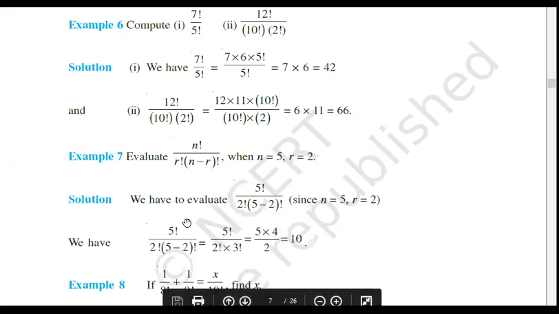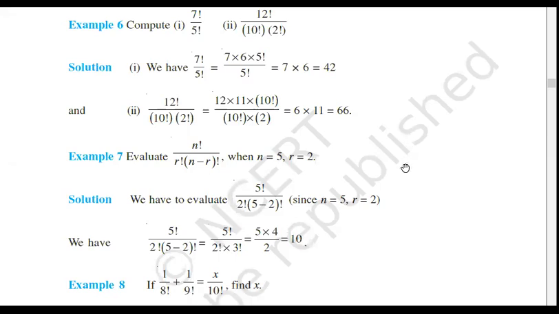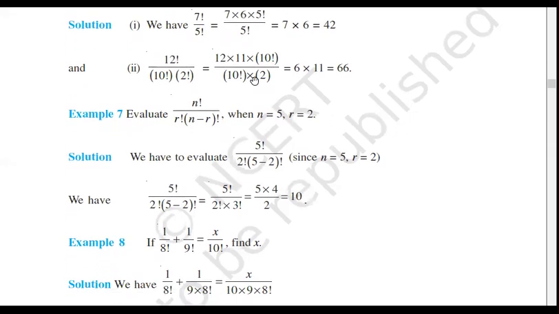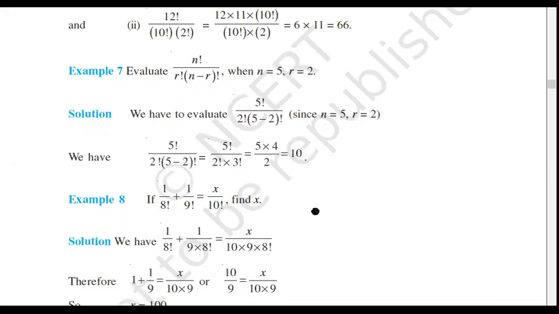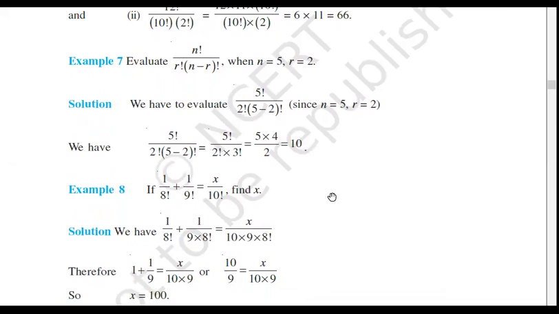Yes. So what we have to do here, how we have to solve this? First of all, think about this. Out of these, which is your smallest? 8 factorial is smallest. So convert everything into 8 factorial and then cancel it. Okay, very good, everyone.